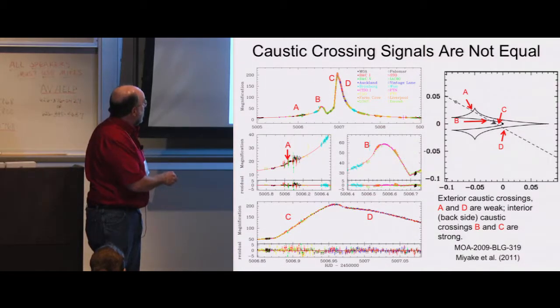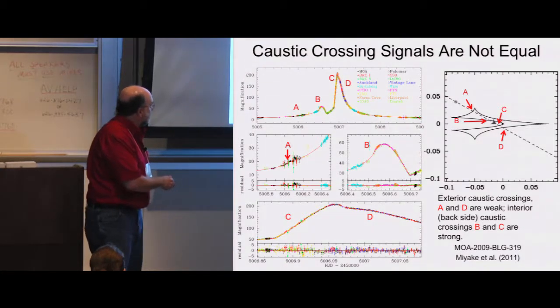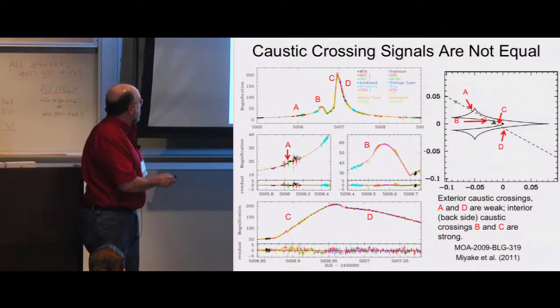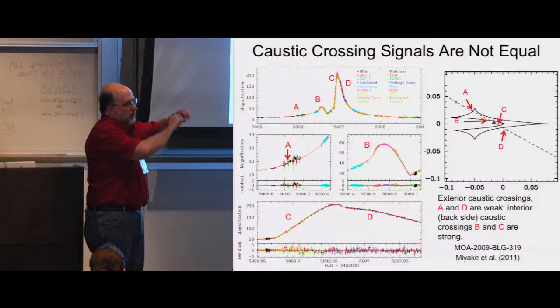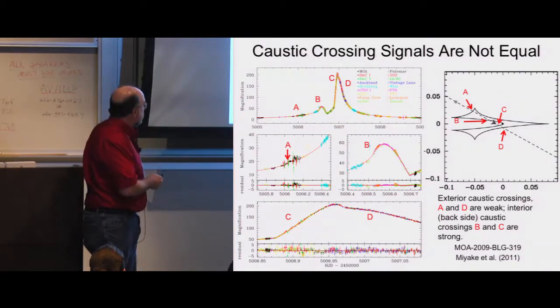And then here, this caustic crossing is basically pretty much invisible because it's so weak. And basically what's happening here is that you've got a long ribbon image, and the caustic is just affecting a part of the image.